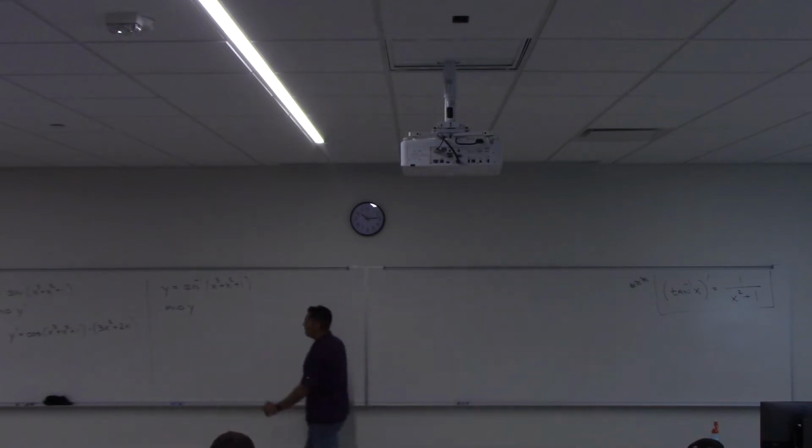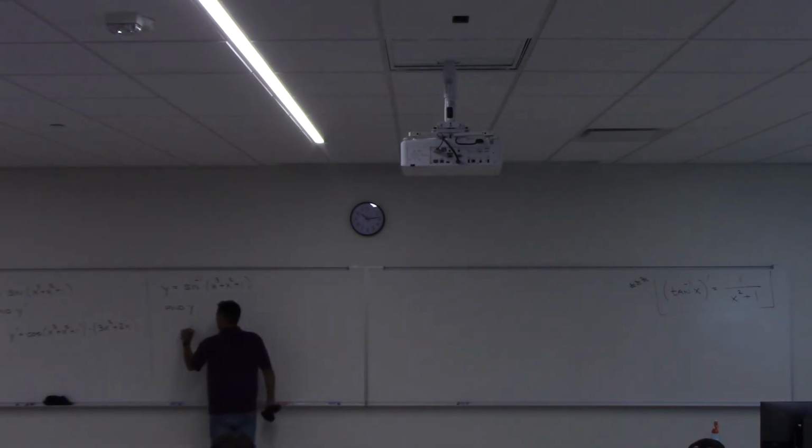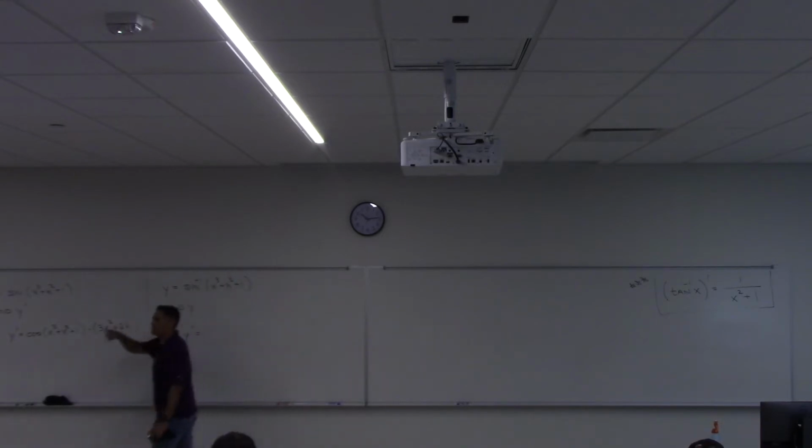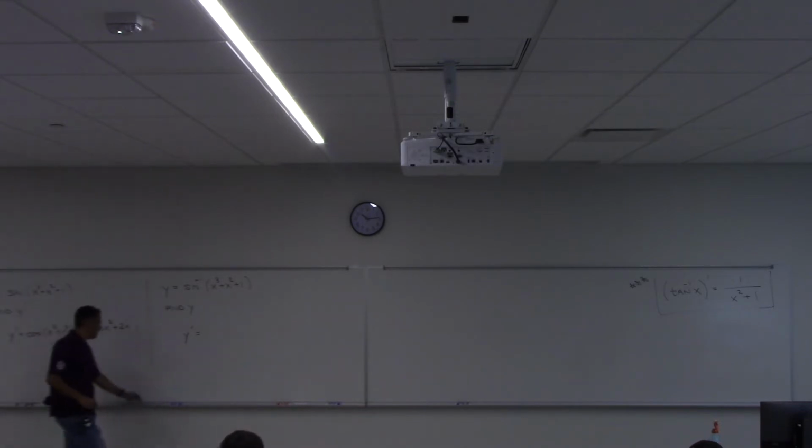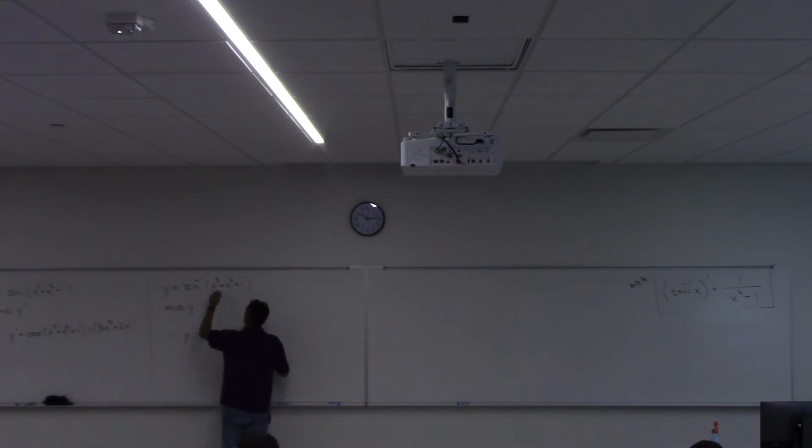So the first thing I do is I say, all right, what's the derivative of arcsine of anything? On our formula, the derivative of arcsine of x would be 1 over the square root of 1 minus that x squared, whatever the x was, squared. But here, our x is not x, it's this entire big chunk right here.